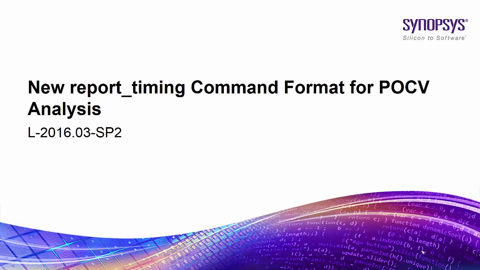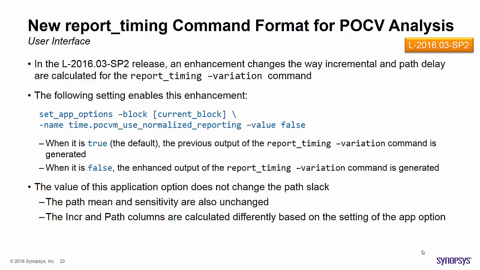New report_timing command format for POCV analysis from 1603 SP2. From 1603 SP2, new incremental and path delay are available for the report_timing -variation command. Setting time.pocvm_use_normalized_reporting to false will enable this enhancement.